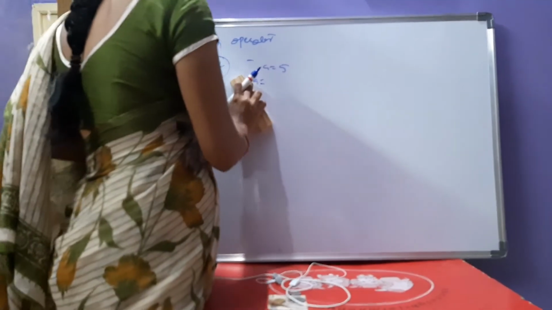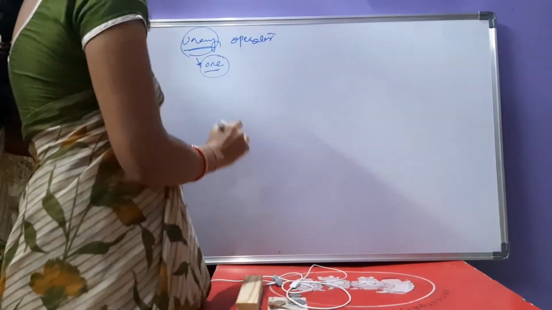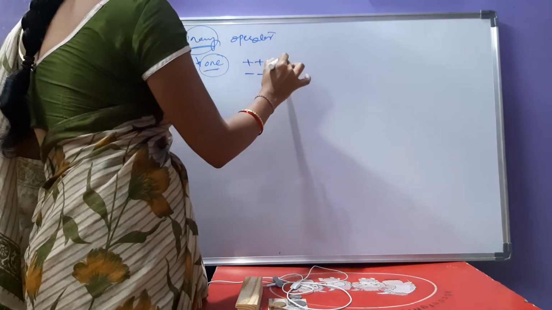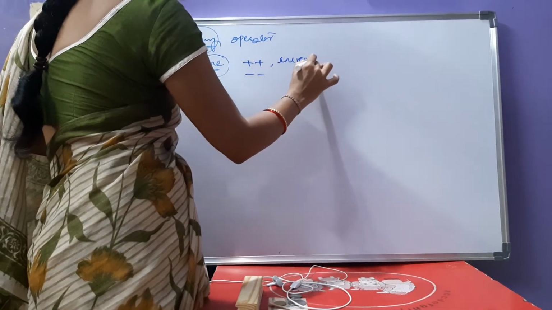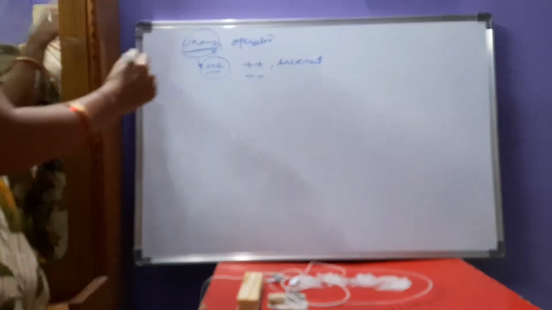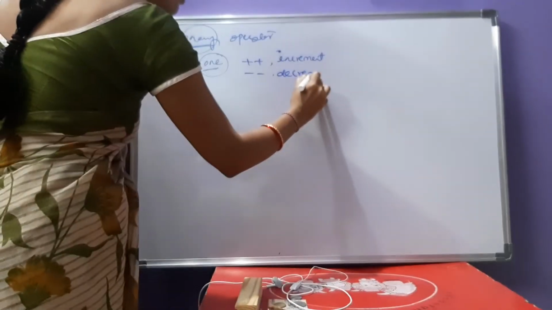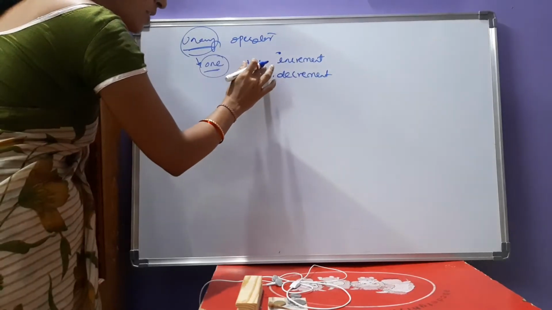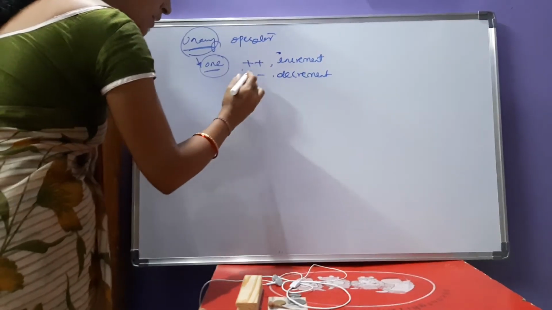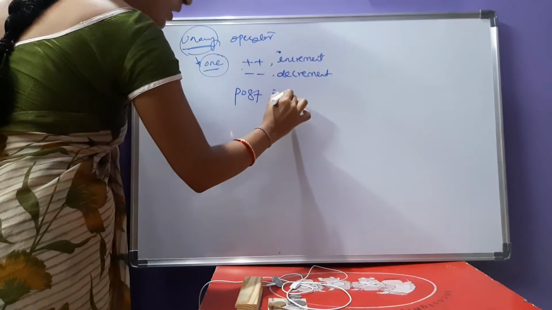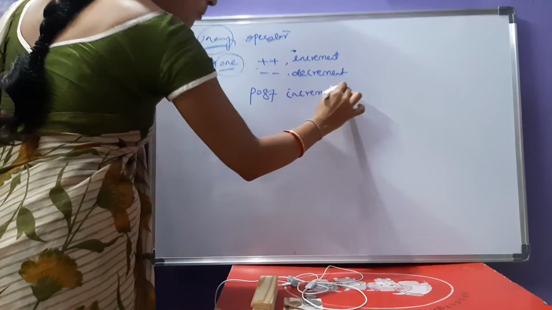And other than this, some other unary operators are there. Those are the increment and decrement operators. This is called the increment operator, and this is the decrement operator, plus plus and minus minus. Again, increment and decrement can be done in two ways: one is post increment and the other is pre increment.